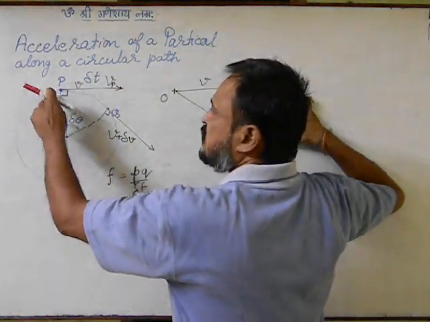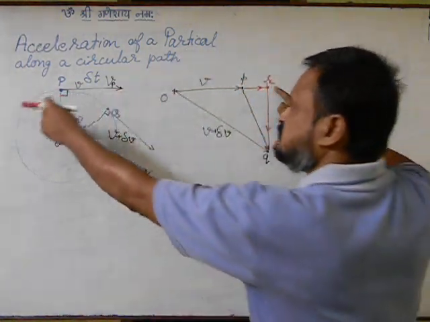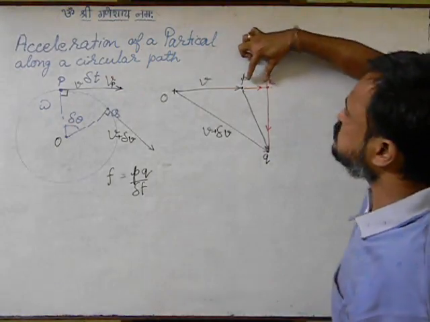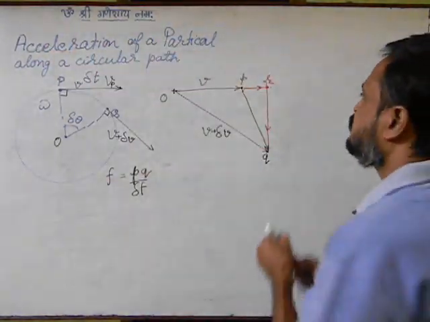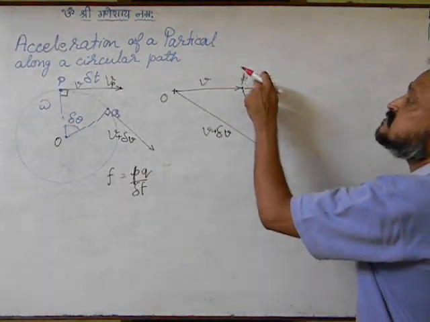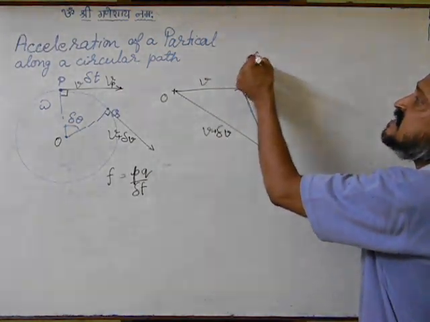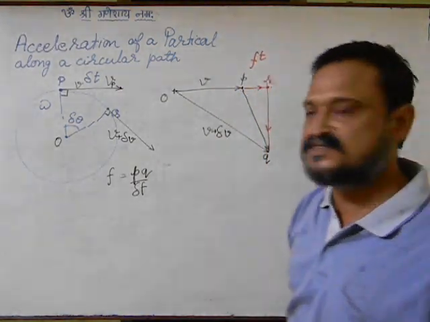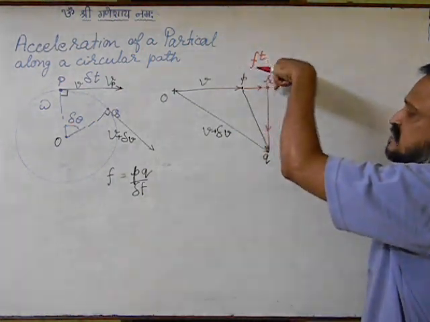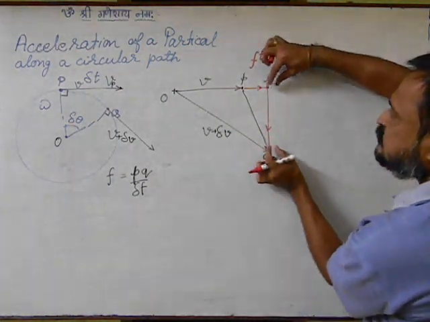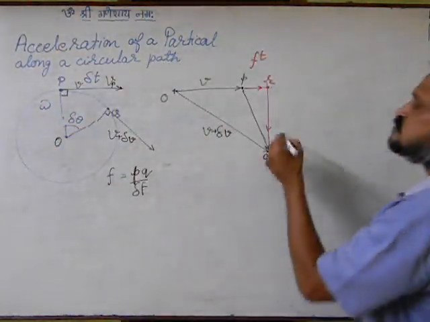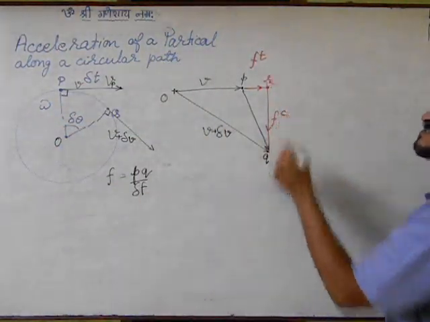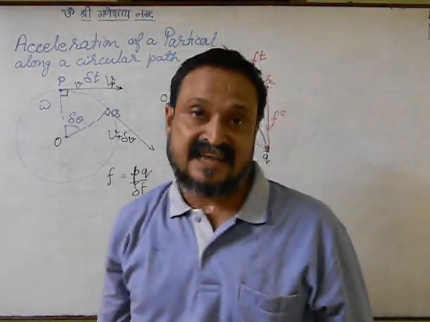At the given instant, this is one component which is tangential to the path. Hence we call this PR the tangential component of acceleration, and this RQ, if you see at this given instant, is towards O. So this is called the centripetal component of acceleration.